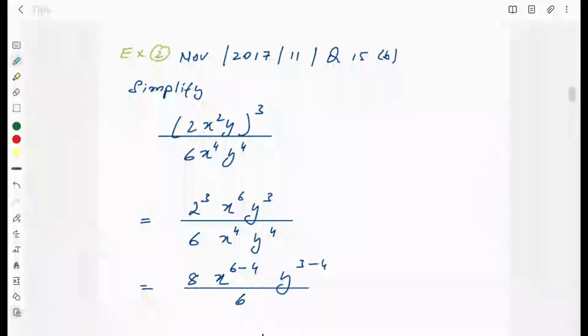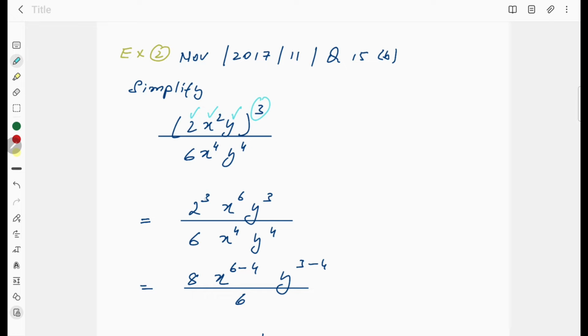Another example, November 2017, paper 1-1, question number 15b. Simplify 2x square y raised to the power 3 divided by 6x power 4 multiplied by y power 4. I can simplify the numerator. This power 3 will come on this 2, on this x square, on this y.